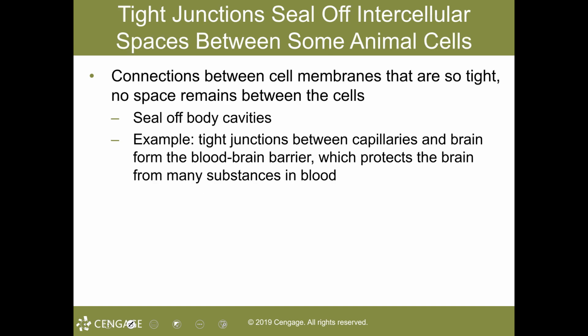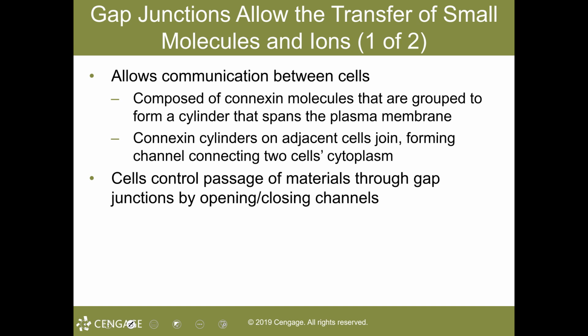I'll next get to, I've already gotten tight junctions, but you can find these especially in capillaries, and even in the brain to help form our blood-brain barrier. And then I'll get down now to gap junctions. These are for communication, kind of like bridges across the space between cells.